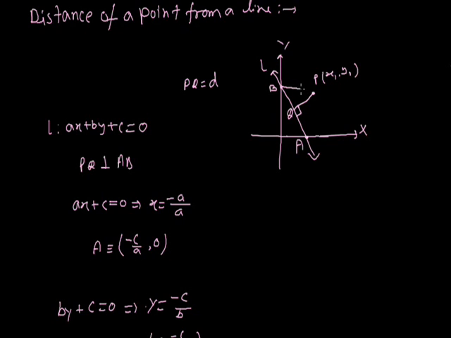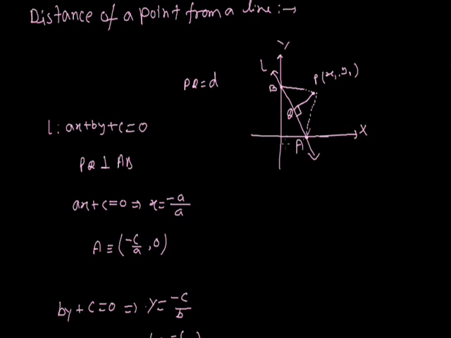Now again we can see in the diagram, if we join point B to point P and point A to point P, then there is a triangle PAB.